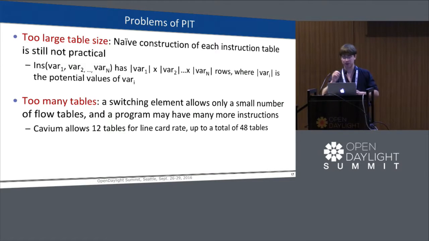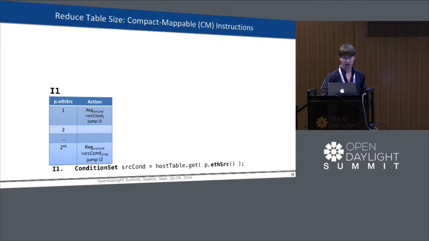This leads to our second insight, table merging and compact mappability. Let's start with compact mappability first, which handles the too large table size problem. Consider instruction 1 that we've seen earlier. We map all 2 to the 48 possible Ethernet source ports, and we map them to a given source condition.